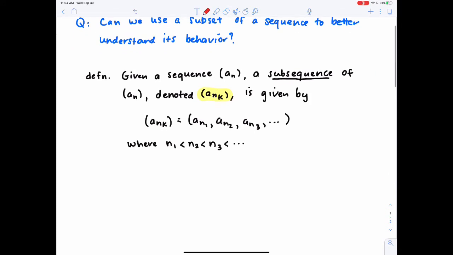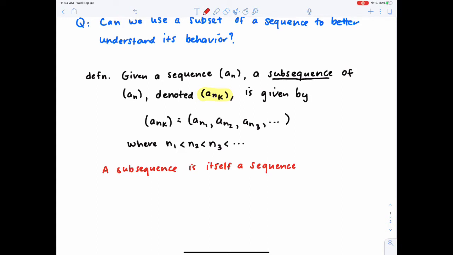But one thing I want to point out here is that a subsequence is itself a sequence. So it still has to have infinitely many values in the list.